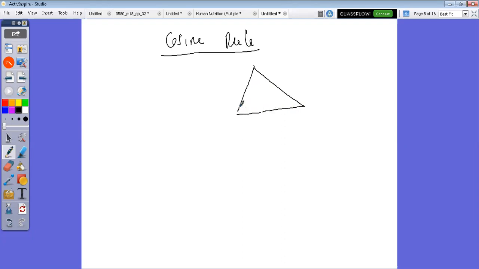So now there are instances where we can't use the sine rule. For example, let's say I'm given two sides. This is 7.2 centimeters. This is 9.4 centimeters. And I'm given an angle. Let's say this angle is 58 degrees.